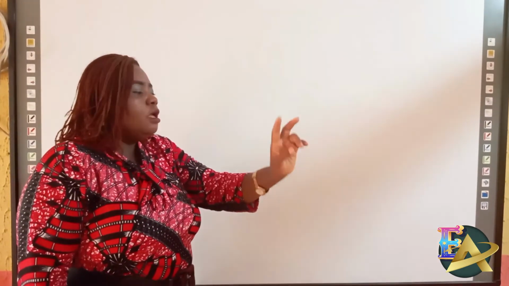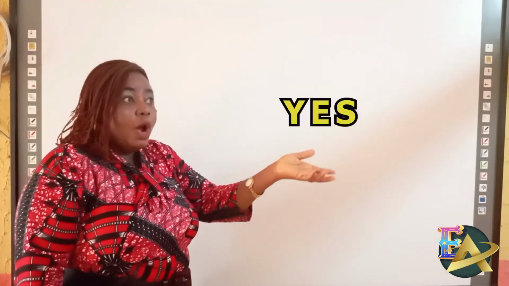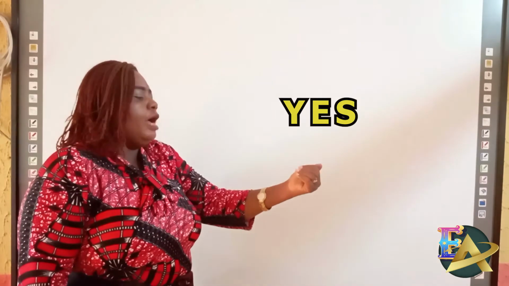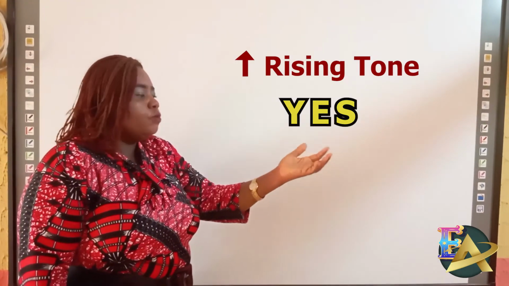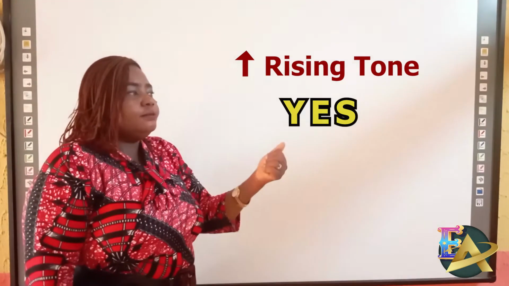I'm quickly going to take just two words from that. The first one is the word yes. How do you spell it? Y-E-S. Yes. Now, under the rising tone, the word yes is said one way.